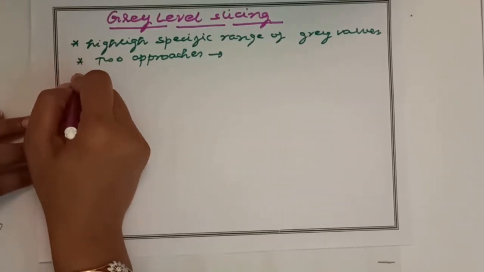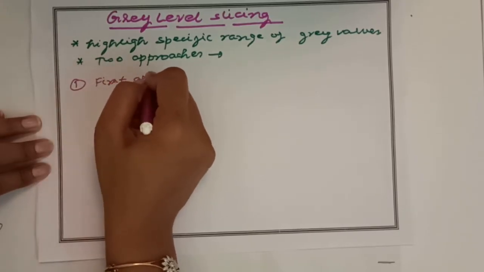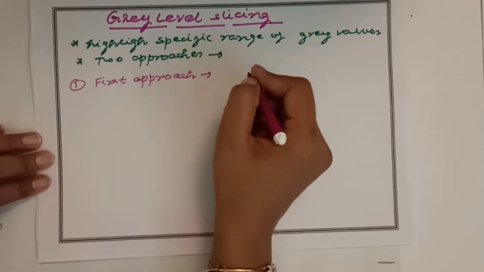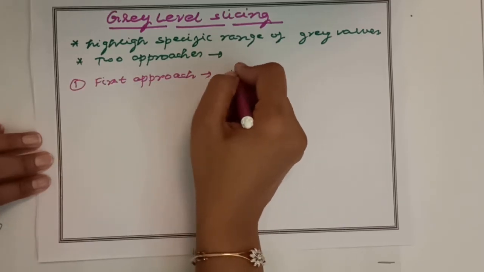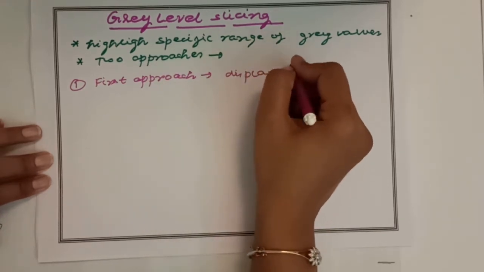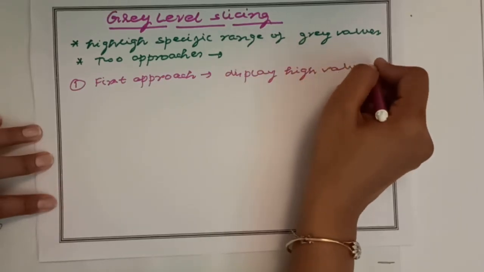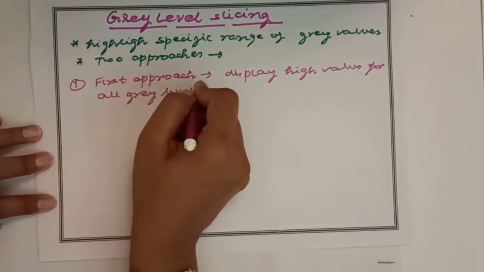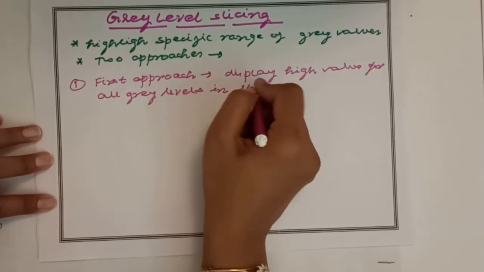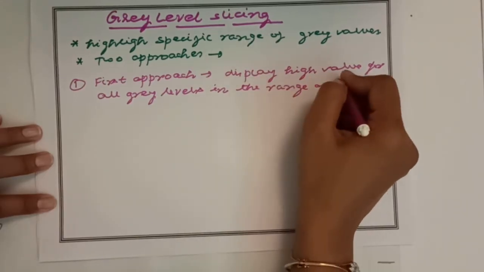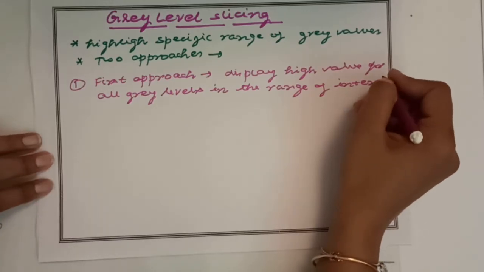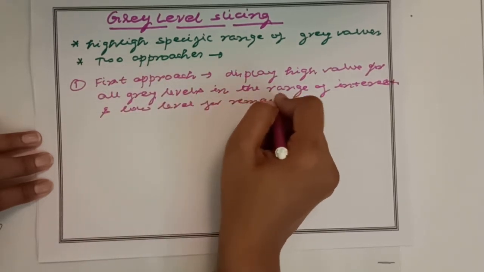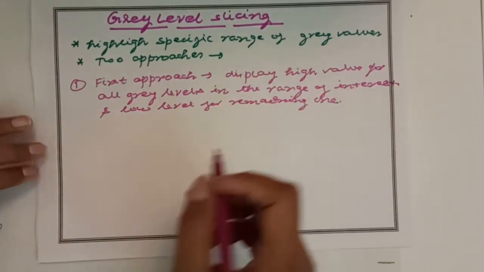First is the first approach. It displays a high value for all gray levels in the range of interest, and a low level for the remaining ones.